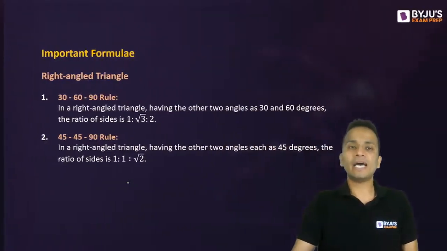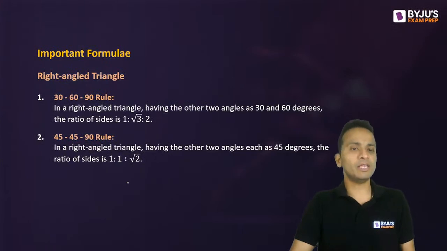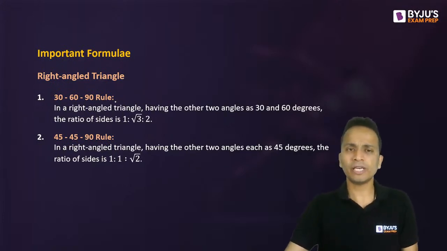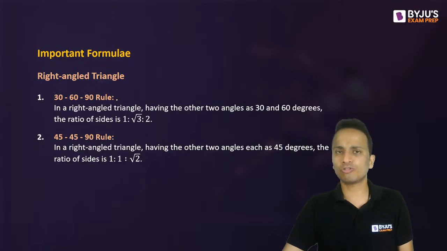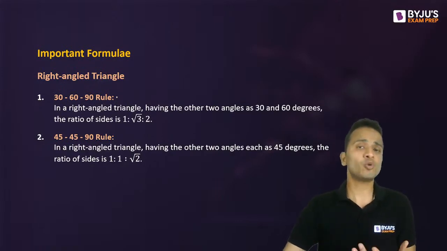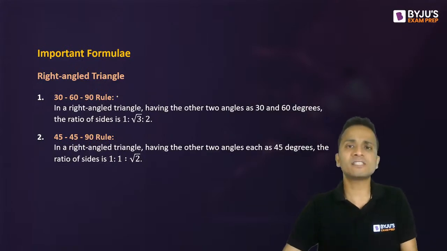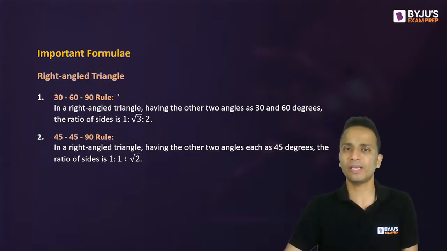Now let's move ahead and look at some of the important relations that can be derived directly in right angled triangles. Now, if you remember these two things that I'm going to tell you in the next 2 or 3 minutes, you can save 20 to 30 seconds while calculating the different sides of a right angled triangle.